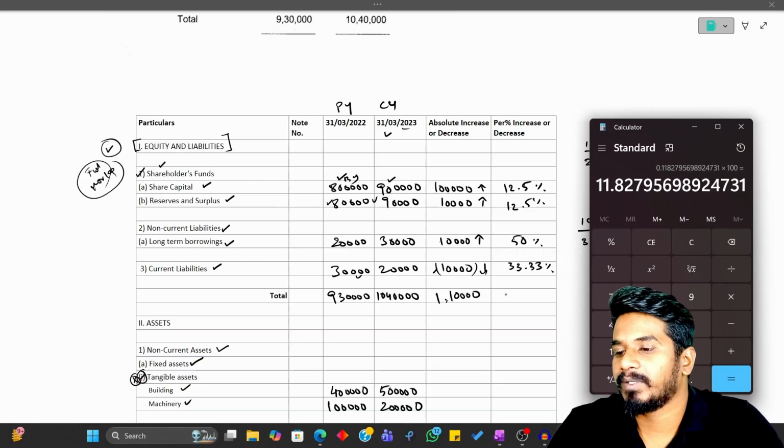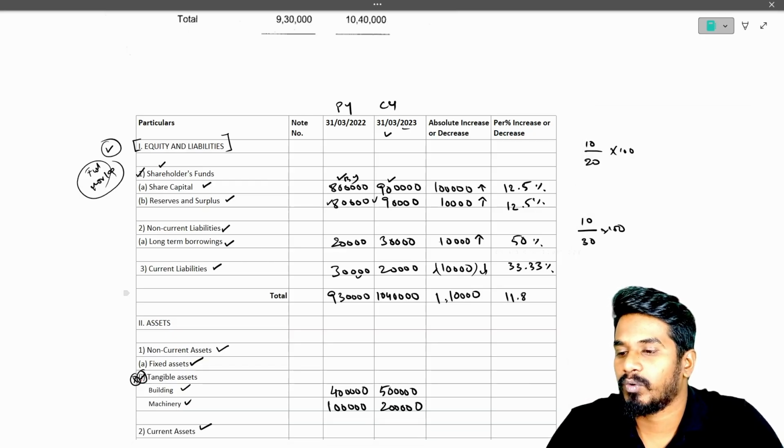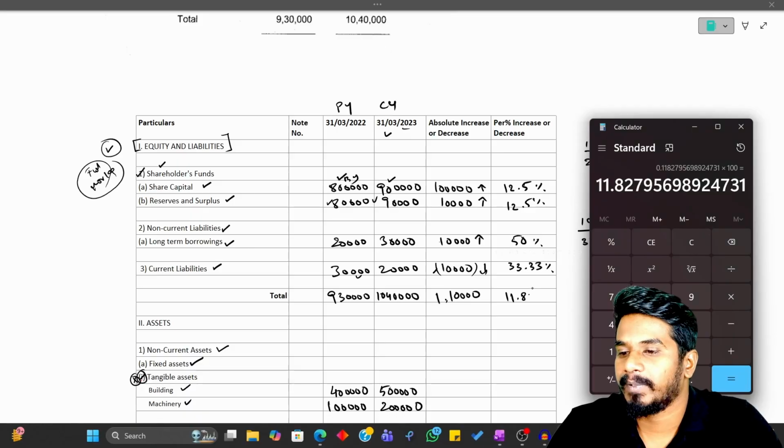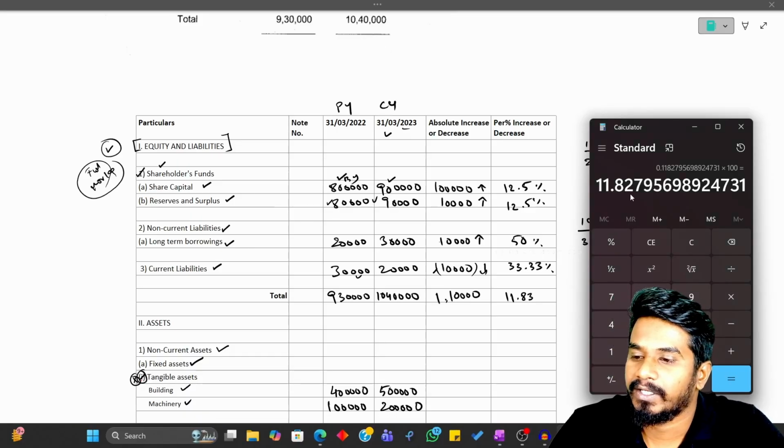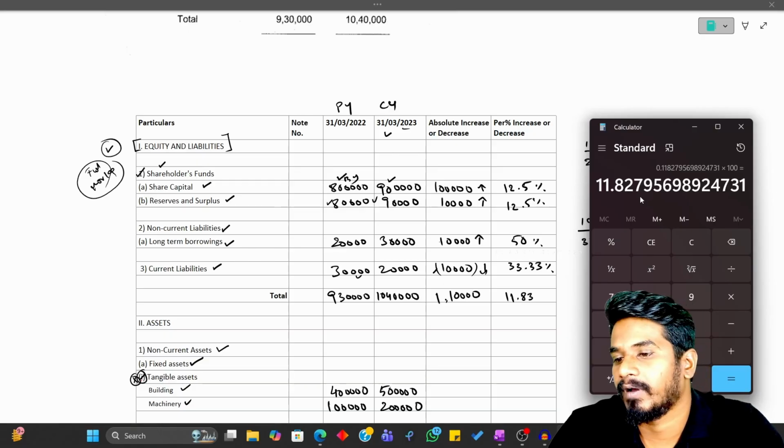If you do that, 11.82 percentage. You can keep it as 11.83 also, because after 82 there is 79, which is more than 50, so we'll keep it as 3.